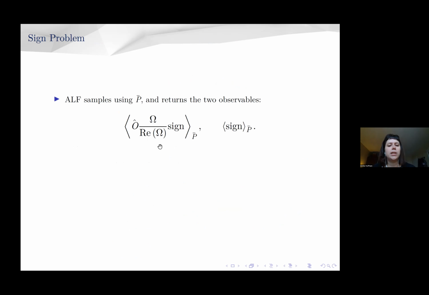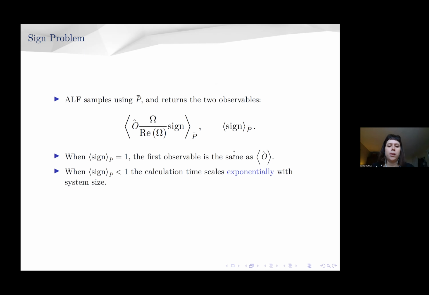This observable, if all the weights are positive, reduces to the exact observable that you'd like if there's no sign problem. But then this observable as well gives the average sign. And the thing with that is when the average sign is not actually 1, the calculation time will scale exponentially with system size. I'm going to switch to my notes again to show briefly how that's involved.